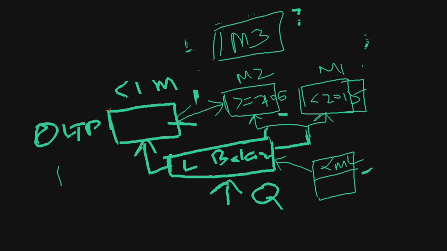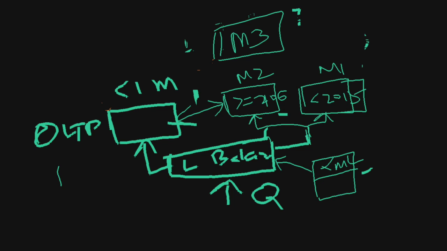So this load balancer decides. This load balancer itself could understand machine 1 and machine 2, and depending upon the query, we can pass. We have to split the query.